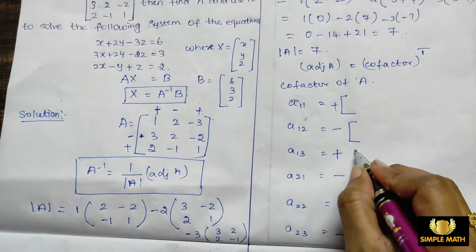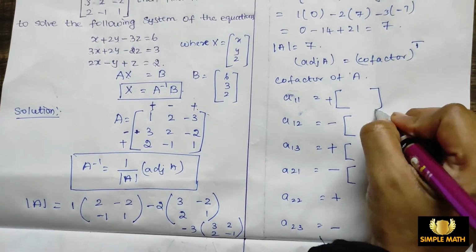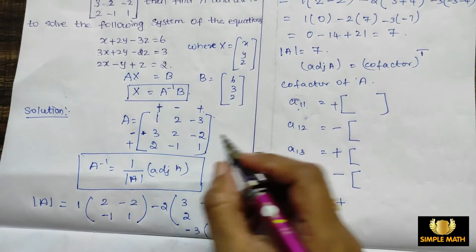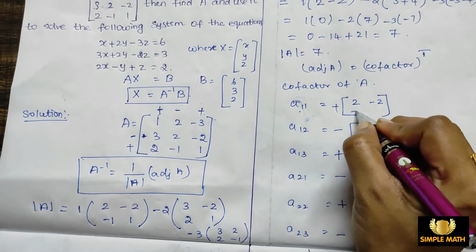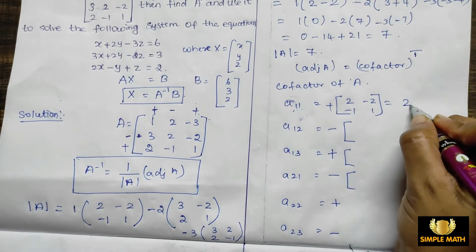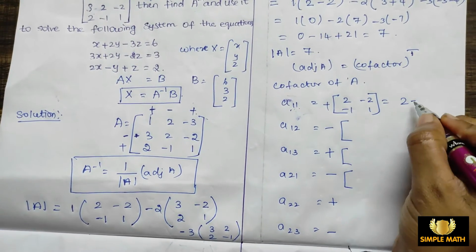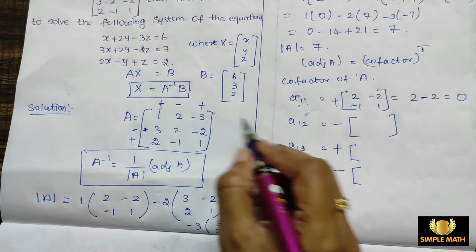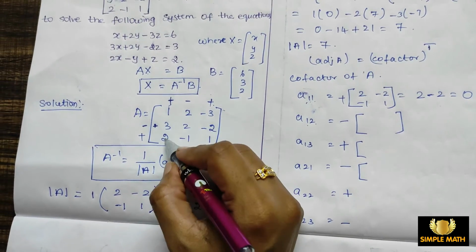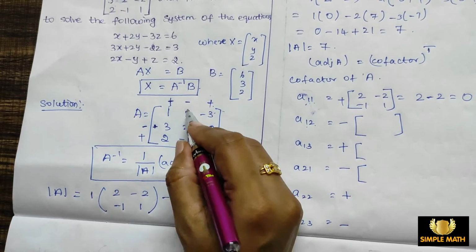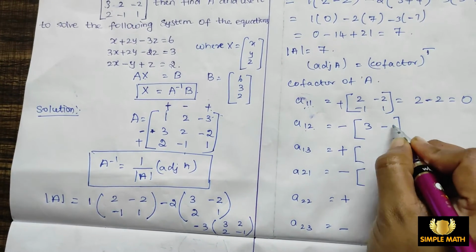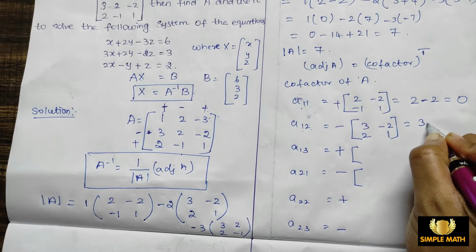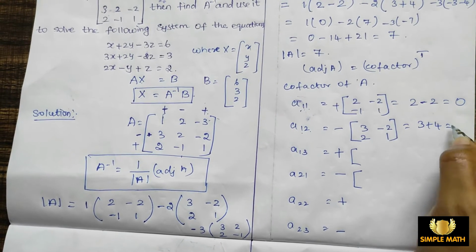So the matrix value is: first A11, leaving the first row and first column, write the remaining values, 2, minus 2, minus 1, 1, which is equal to 2 minus 2. It is 0. And next, leaving the first row and second column, because it is A12, the remaining entries are 3, minus 2 and 2, 1, which is equal to minus of 3 into 3 plus 4.